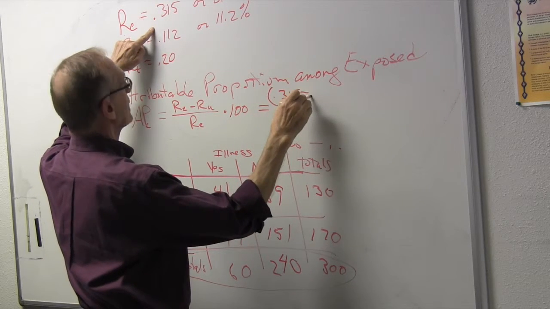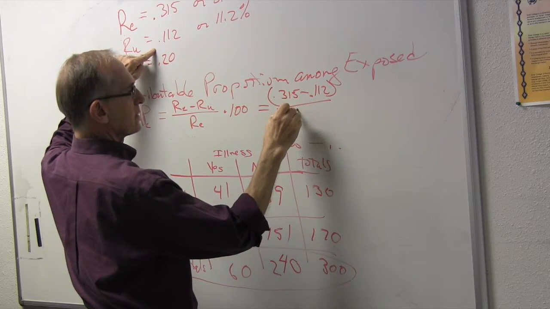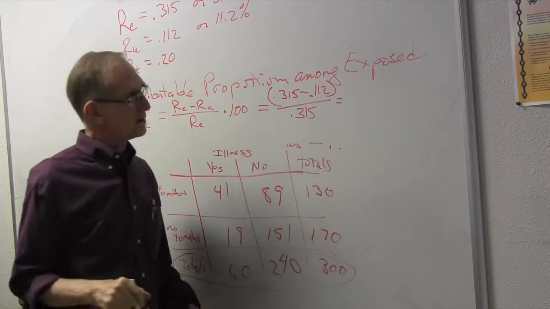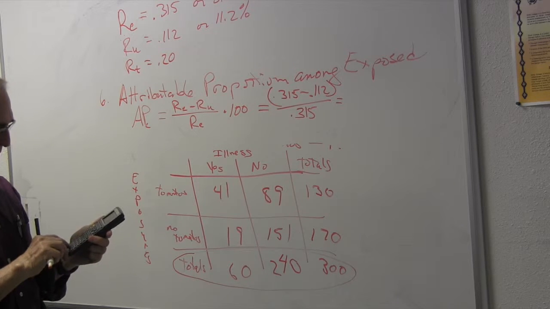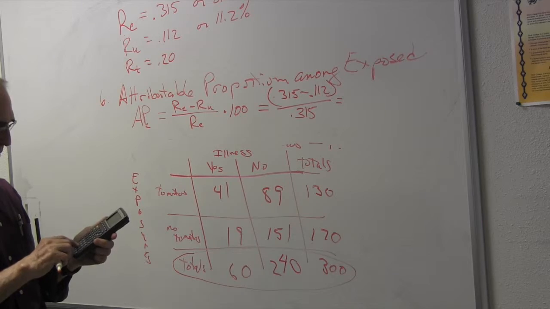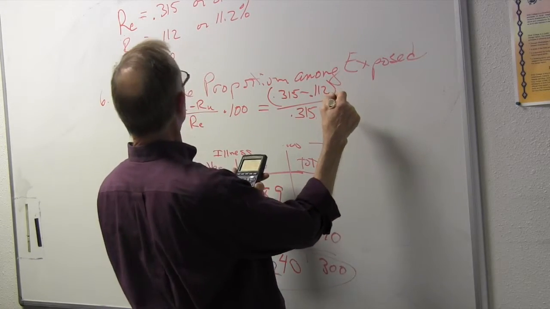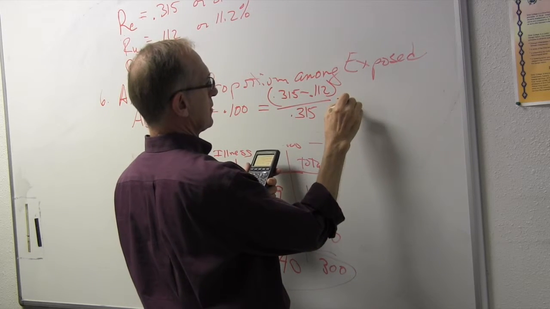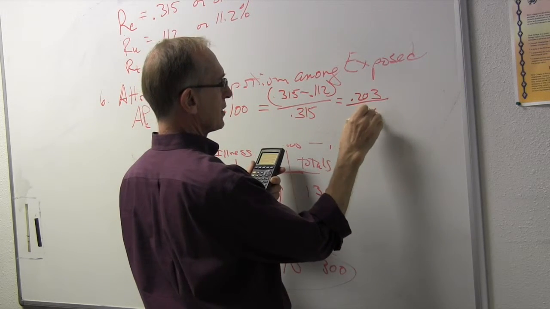So we had the 0.315 minus the 0.112 divided by the 0.315. So we'll have to do that calculation first. So there was that risk difference of 0.2, and then it's divided by the 0.315.